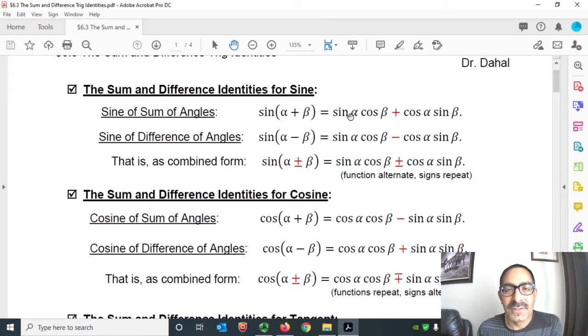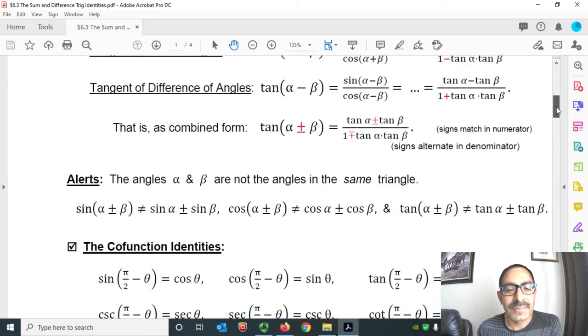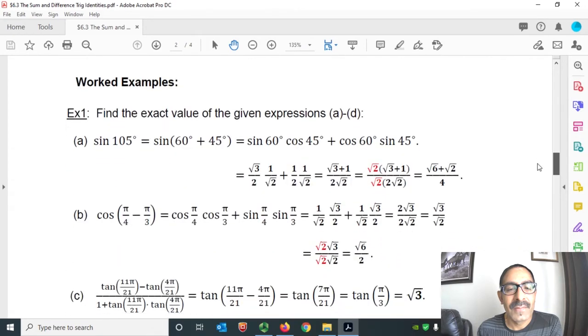The functions sine and cosine alternate, and the plus sign remains as it is. So let me scroll down. So sine of 60 degrees plus 45 degrees turns out to be sine 60 degrees times cosine 45 degrees, plus, which remains as it is, cosine 60 degrees times sine 45 degrees.